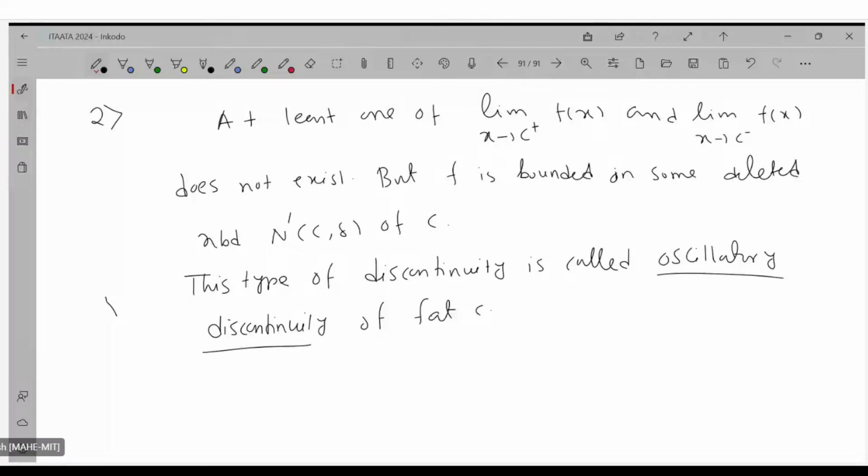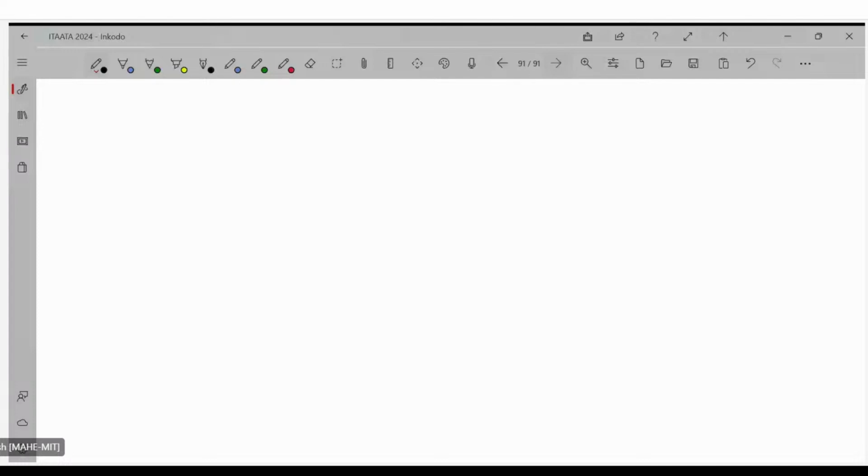Since f is bounded, what will happen? There are many other things we have to discuss, but we have very little time, so I'll just tell you.